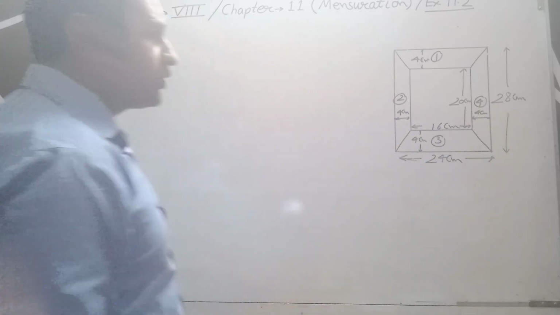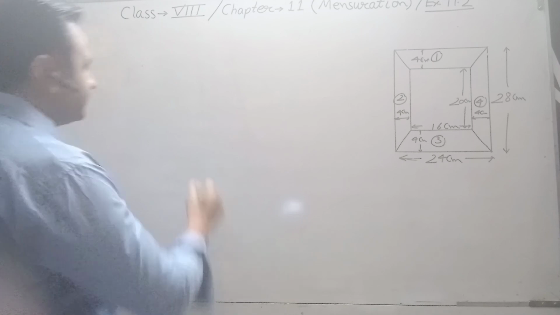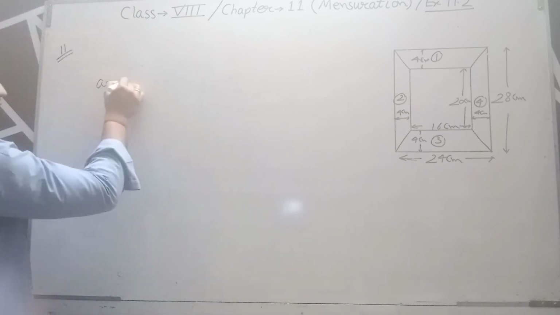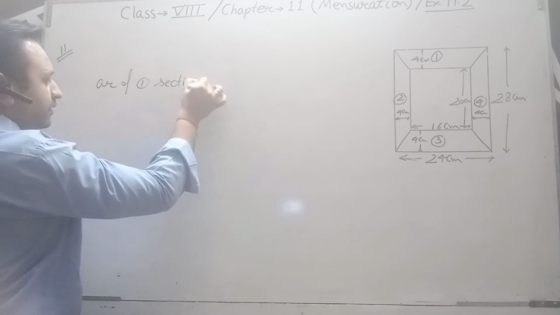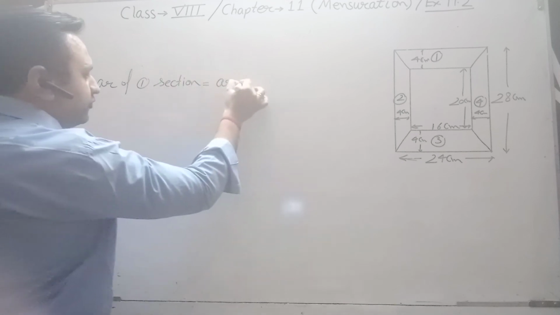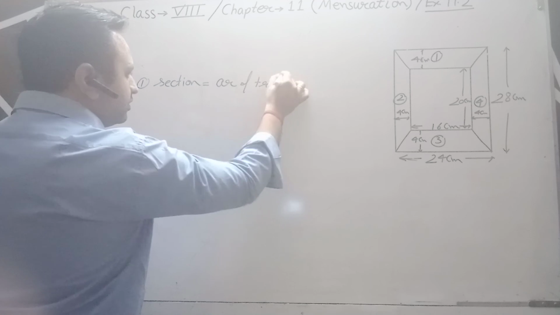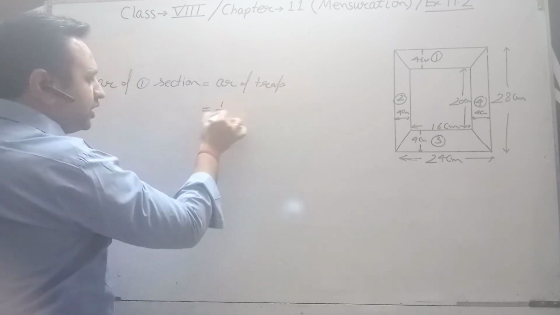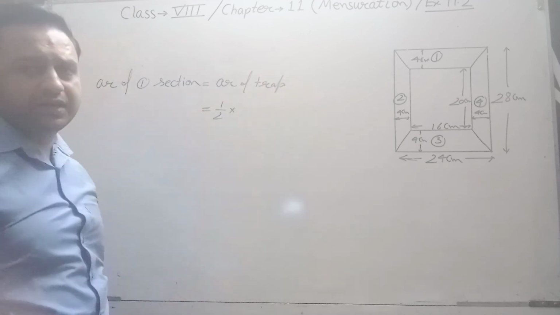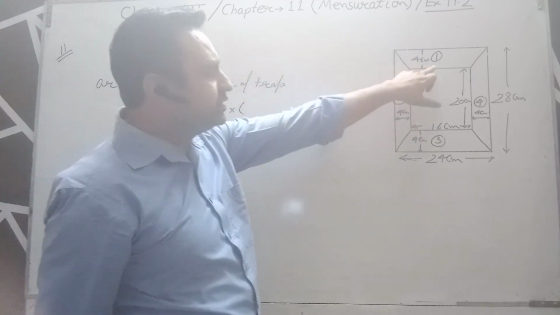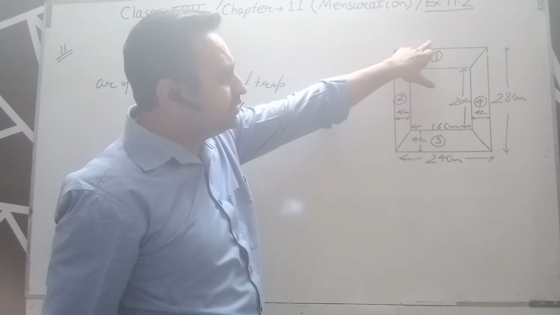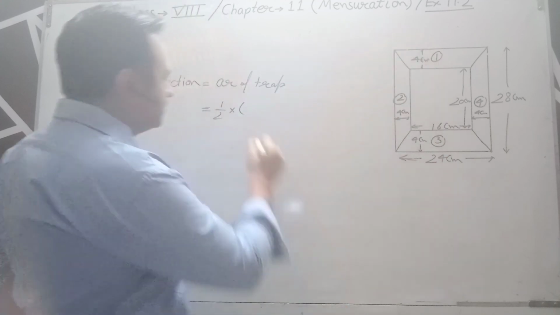Now we have to calculate the area of the first section. It is the area of a trapezium: half into sum of parallel sides into distance between them. Sum of parallel sides: it is 16 centimeter and 24 centimeter.